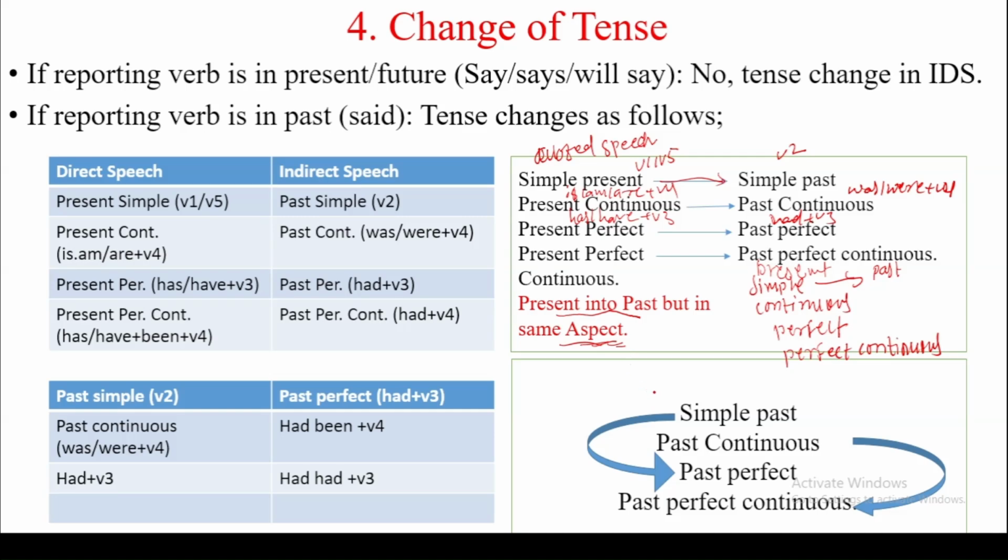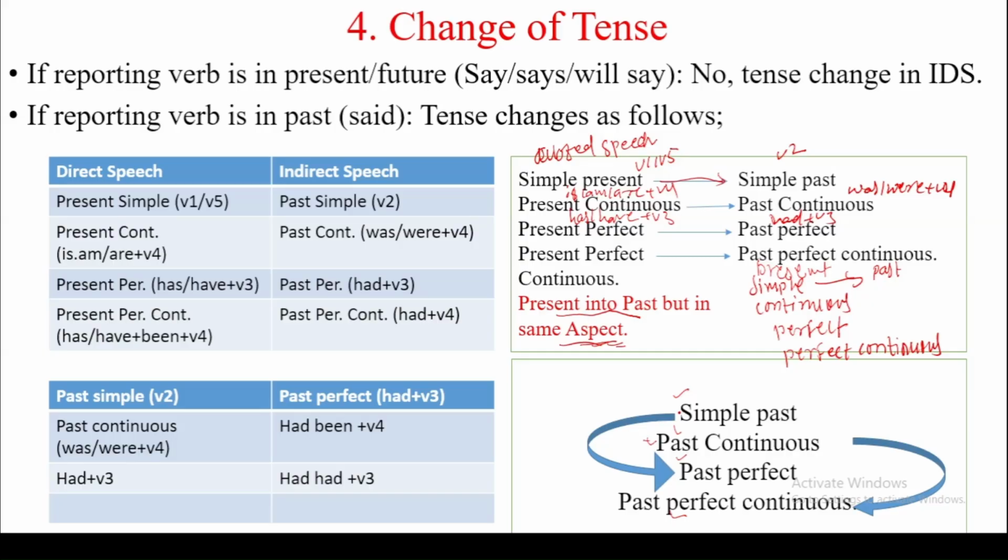Now let's discuss if the quoted speech is in past tense. The trick is a little different. Look at this aspect. The aspects are written in order as we discussed above, and we miss one aspect in the order.